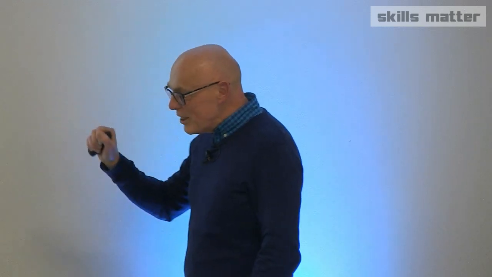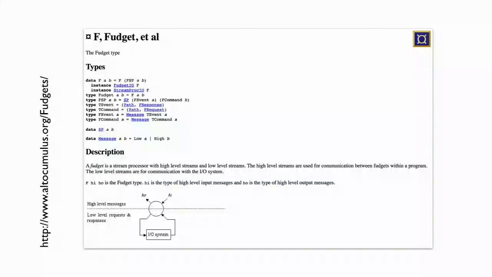The other thing that springs to mind is that it would be very nice if somebody brought fudgets back. Fudgets were the only true declarative GUI component that I was aware of. And they were used in anger to implement one of the predecessors of Agda, which had its GUI interface built using fudgets.